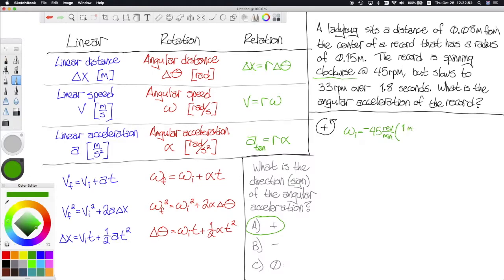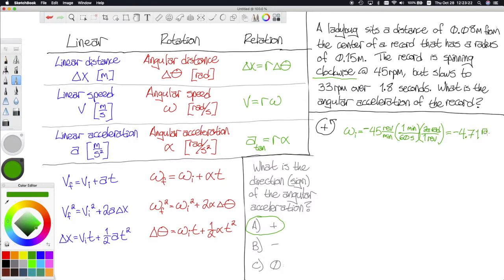So we'll have to convert that minutes to seconds by dividing by 60, and we will have to convert that revolutions into radians by multiplying by 2 pi. And when we do all of that, we get a value of negative 4.71 radians per second.